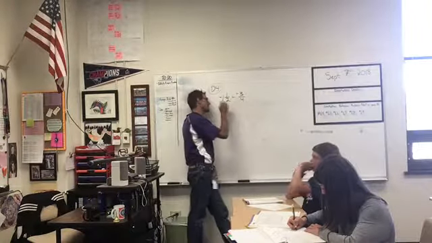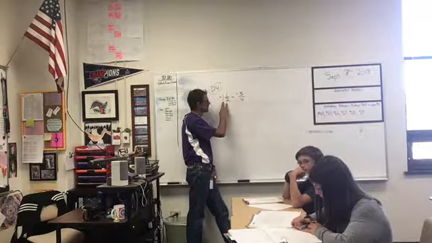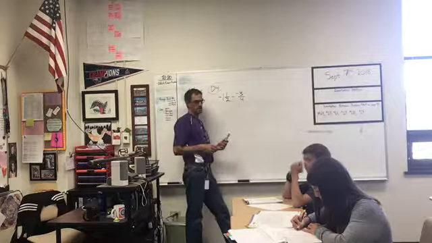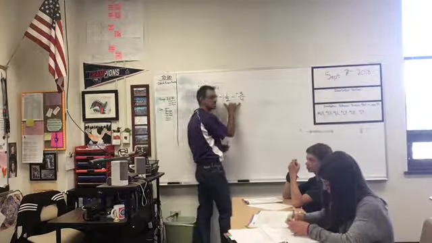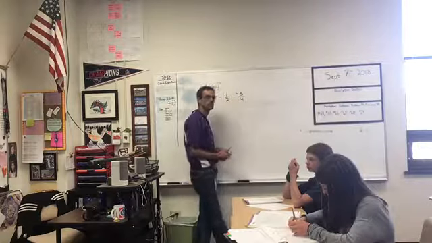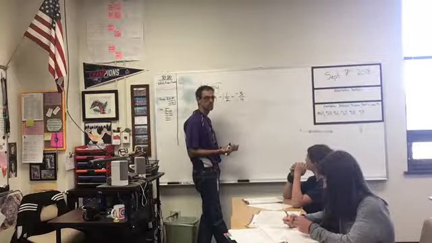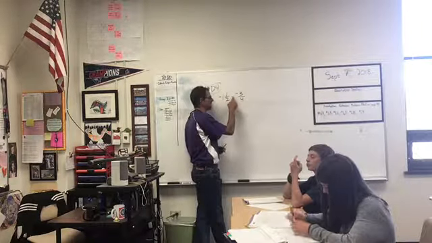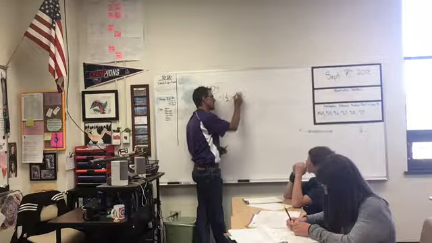So I have a whole number with a fraction, and then I have a fraction. So the first thing I'm going to look at is which one of these has a greater absolute value? Which one? Negative 3/4. Okay, negative 3/4, right? So this has a greater absolute value. I know that here I'm subtracting a negative, which means I am adding a positive.